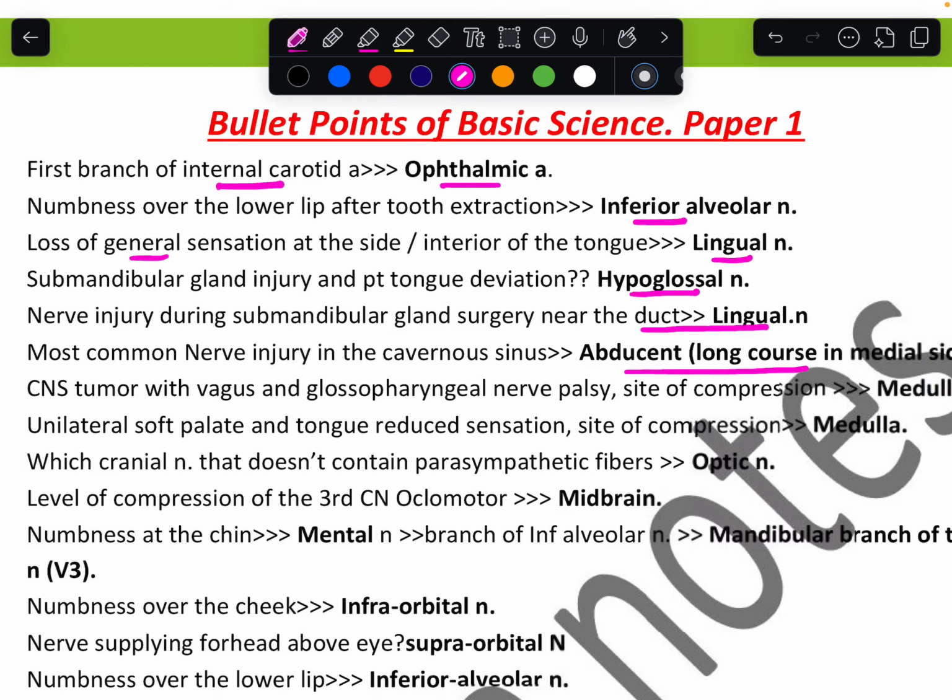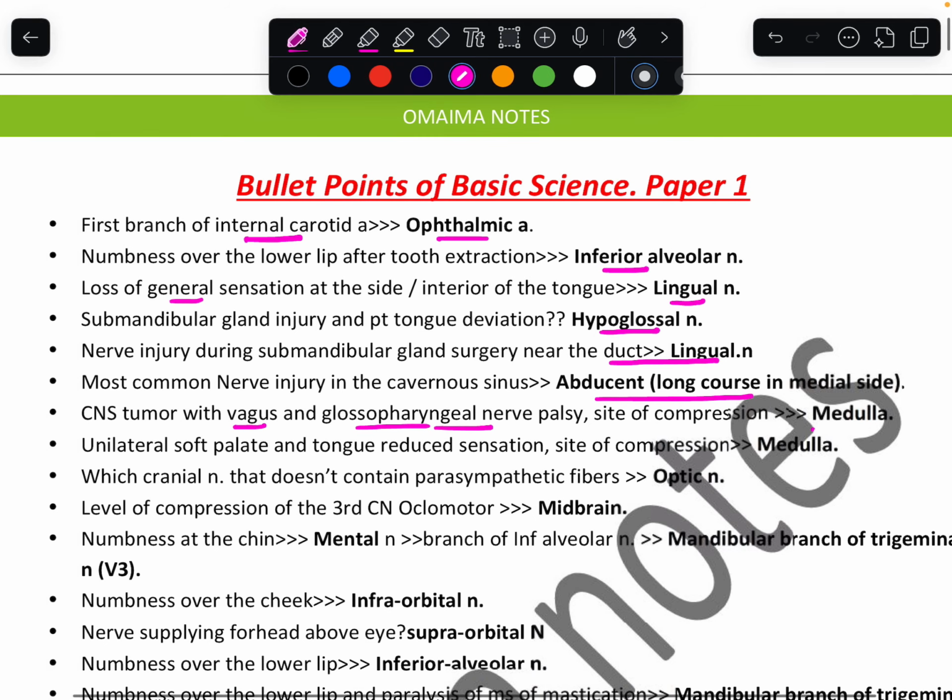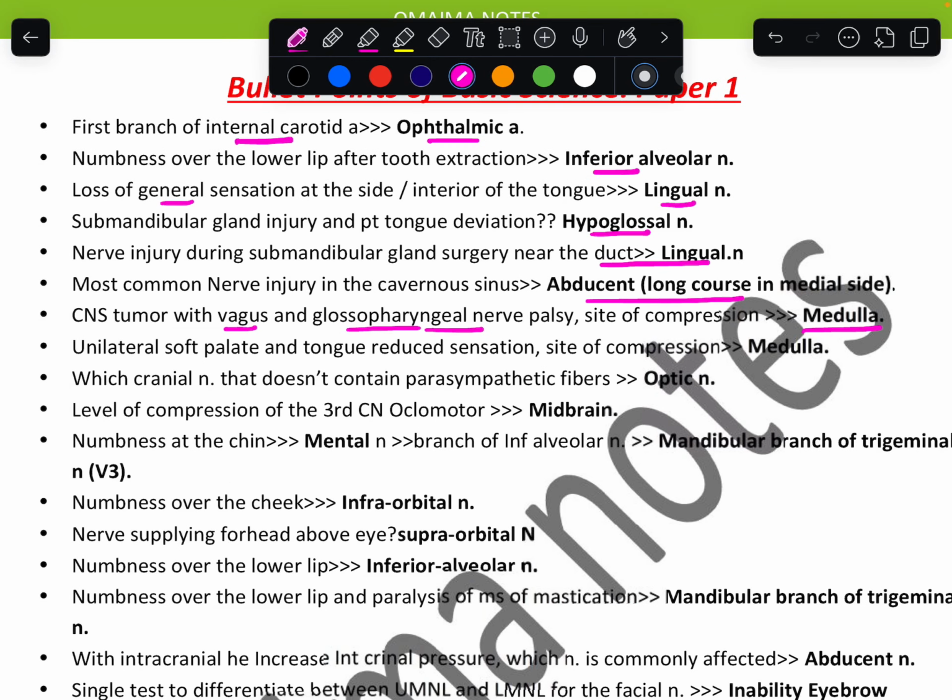CNS tumor with vagus and glossopharyngeal nerve palsy. Two nerves, 10th and 9th, vagus: the site is medulla. So you have 2, 2, 4, 4. Unilateral soft palate and tongue reduced sensation.